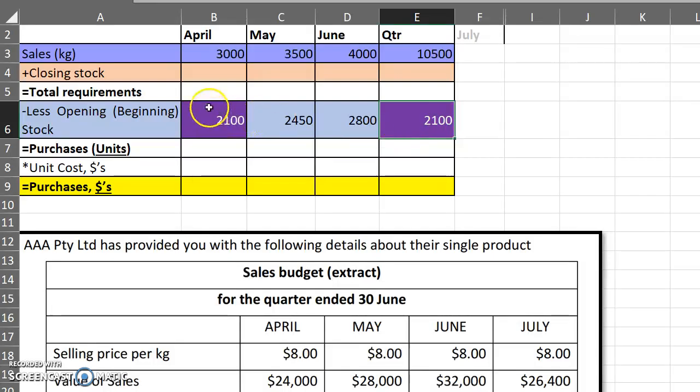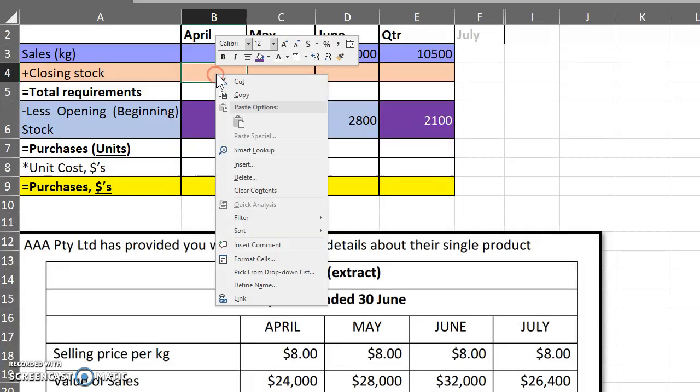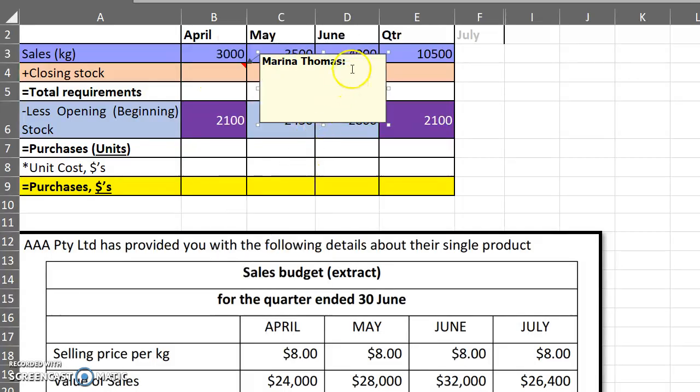Now we need to figure out closing stock. The easiest way to look at it is by looking through the dates. Closing stock for April is what I have on the 30th of April, but 30th of April 5 p.m. should be the same as 9 a.m. on the 1st of May.